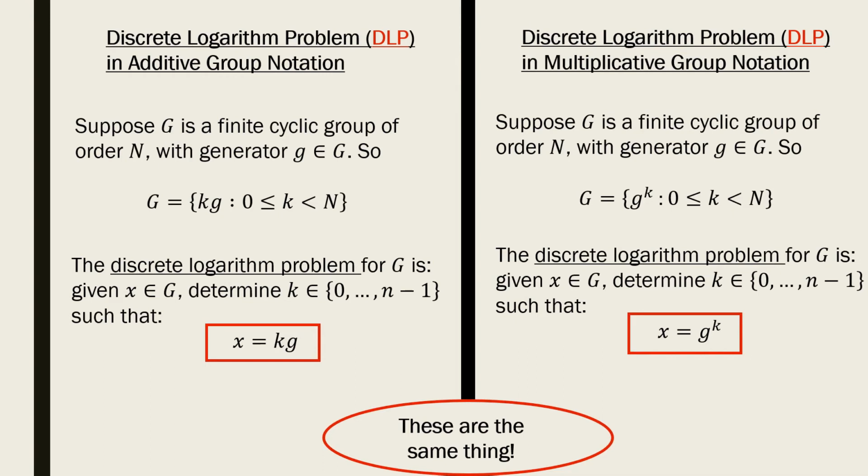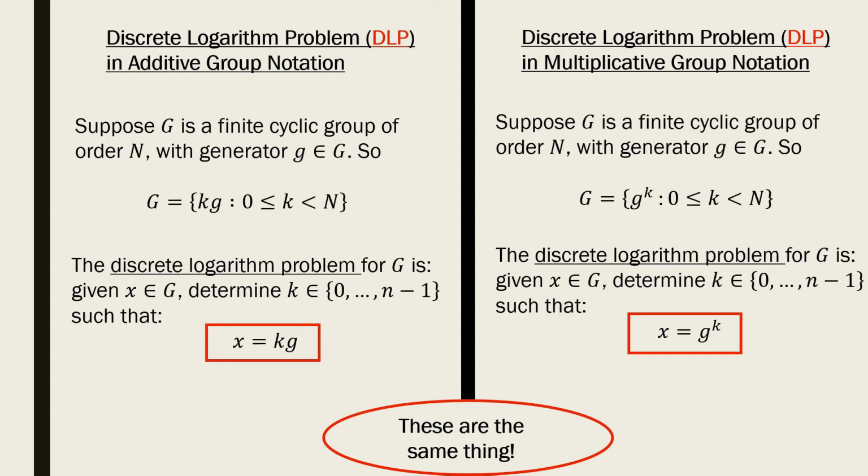So for additive notation, let's take a finite group, and let's say the generator is g. And in the additive case, G is k times g, just like we saw, where k ranges from 0 to n. And what is the discrete logarithm problem there?